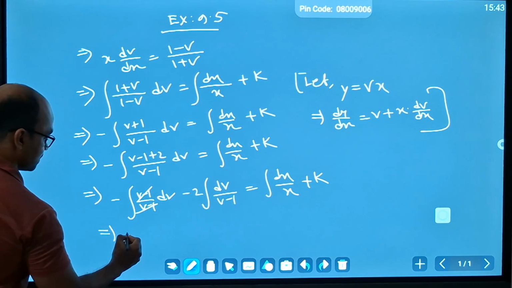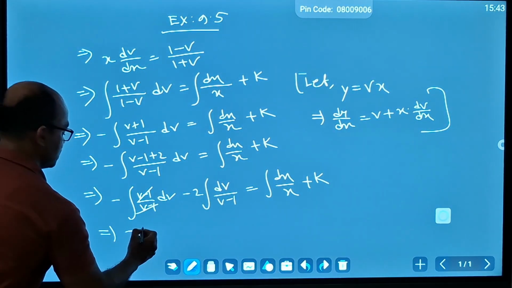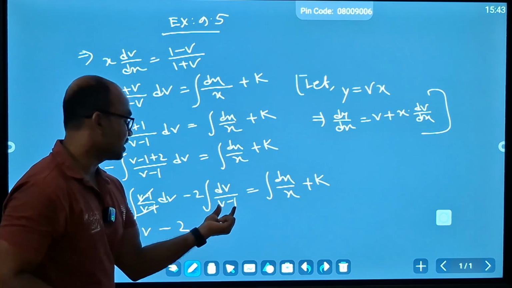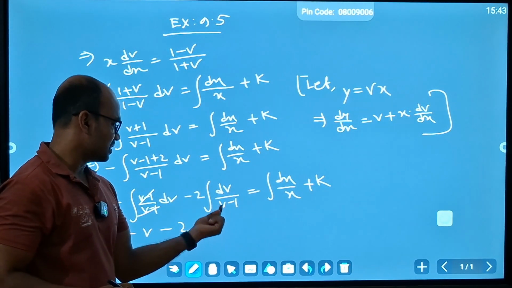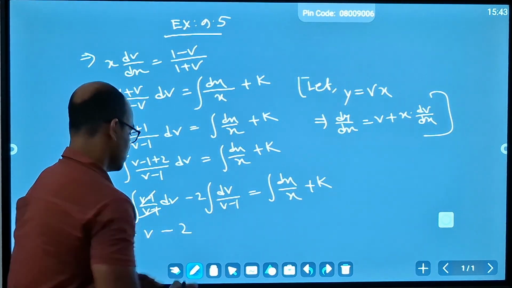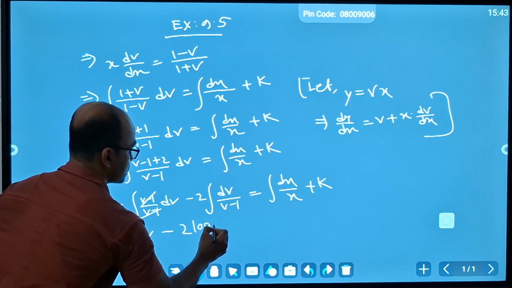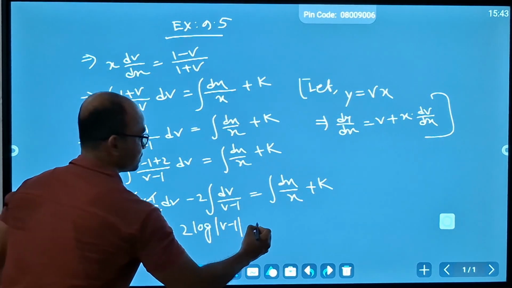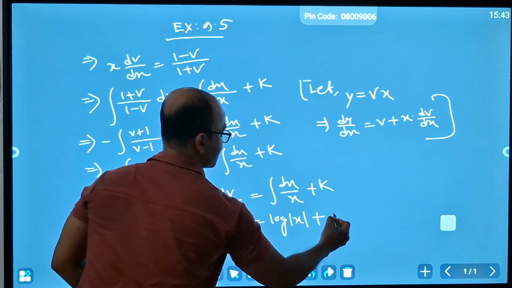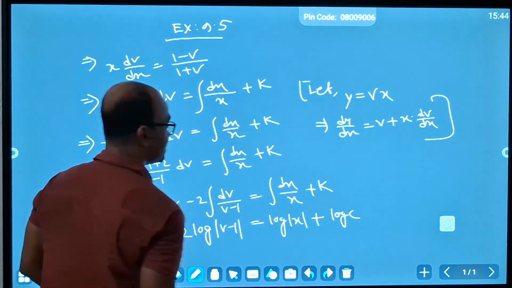Here minus the integration of dv is obviously v, minus 2 times the integration of dv by (v minus 1). The derivative of v minus 1 with respect to v is 1, so we can write it as log of the denominator, log of (v minus 1). The right side is also log of the denominator, log mod x, and plus log c.